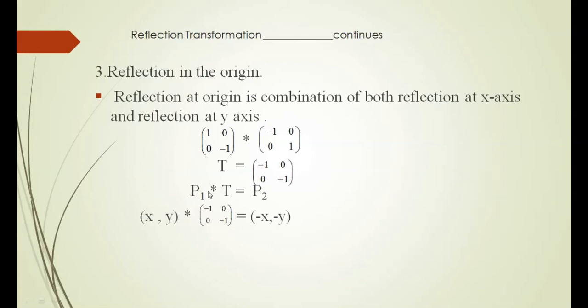So here the equation is P1 into T is equal to P2, and by using this equation we reflected our image in the origin.